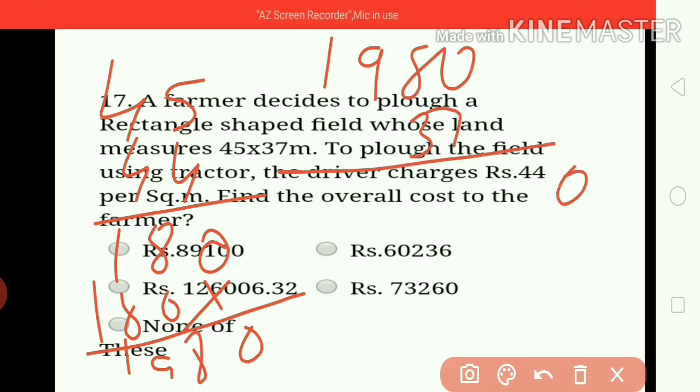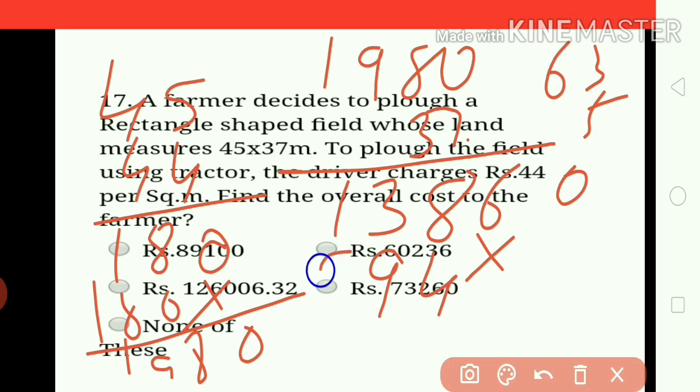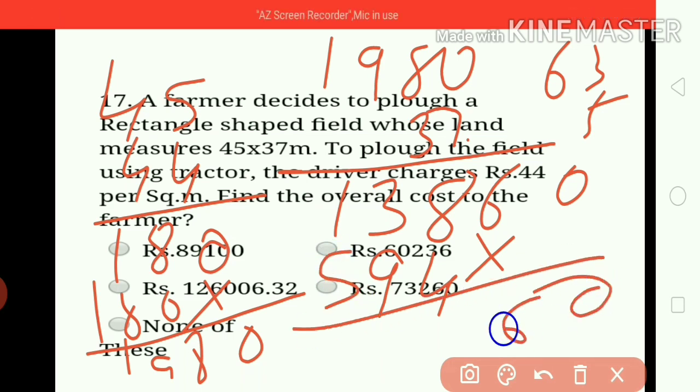You will place a 0 after it. 7 8s are 56, 7 9s are 63, and 5 is 68, 7 1s are 7, and 6 is 13. 3 8s are 24, 3 9s are 27, and 2 is 29, carrying 2, 3 1s are 3, and 2 is 5. So you will get 0, 6, 8 and 4 is 12, 9 and 3 is 12, and 1 is 13, 6 and 1 is 7.